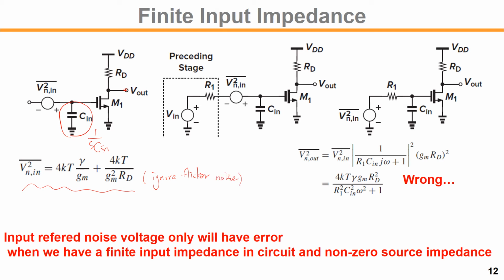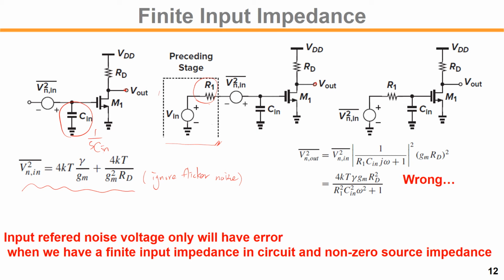Now consider this model should represent a real circuit. So if we add an input driver with the source impedance of R1, let's apply this and see the output noise voltage.